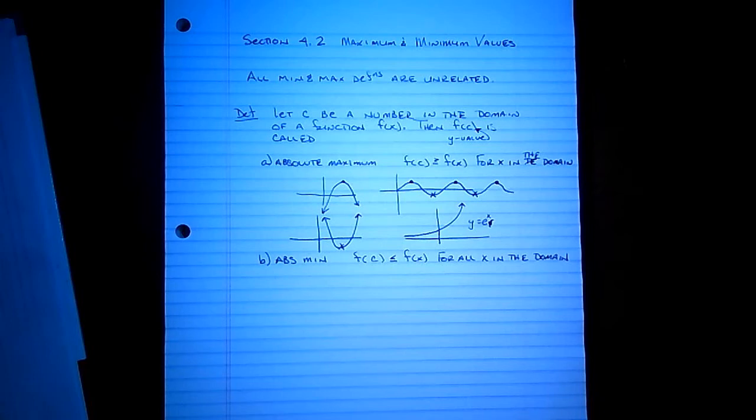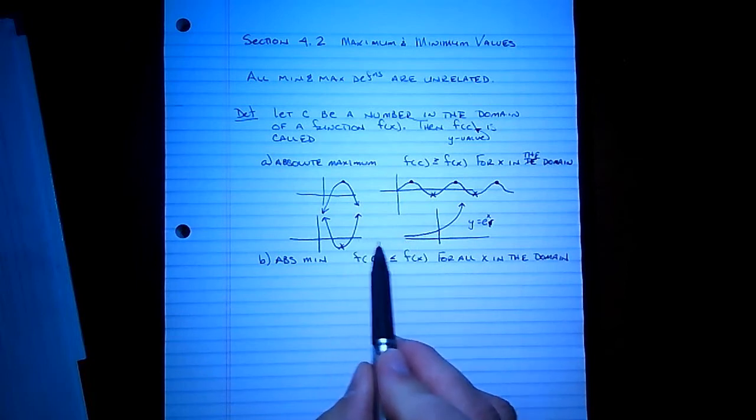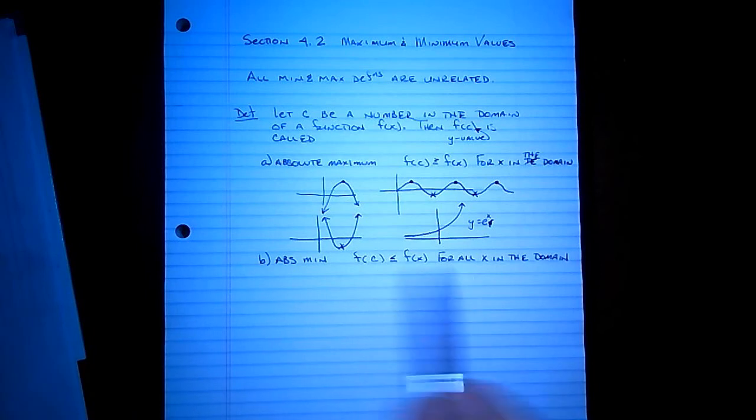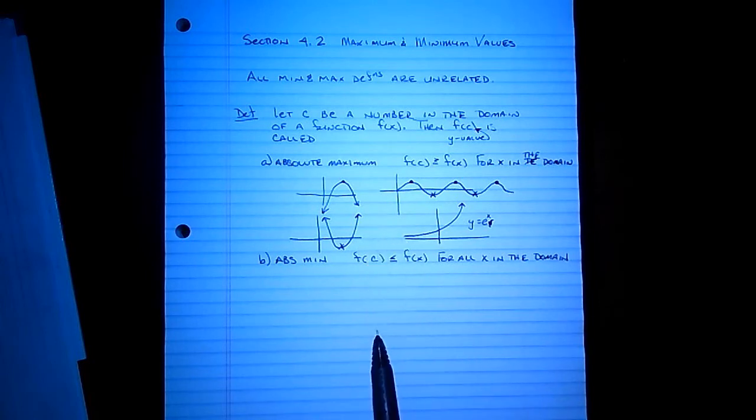There is no place where you can say that is the smallest y value, because if we continue to pick points on the x-axis in the domain of the function, which would be all the points on the x-axis because this function is defined everywhere, going to the left, we are going to continue to end up with smaller and smaller y values. And if that happens, then we can't say that that is the smallest y value, and therefore we cannot say that this function has an absolute min.